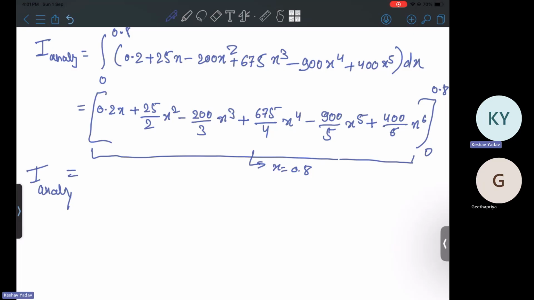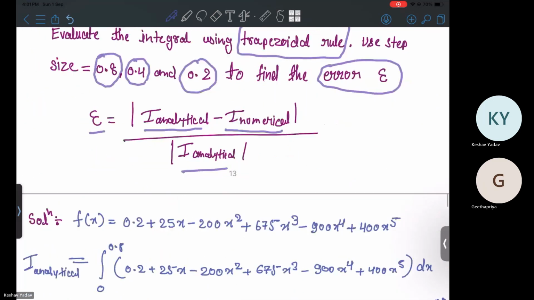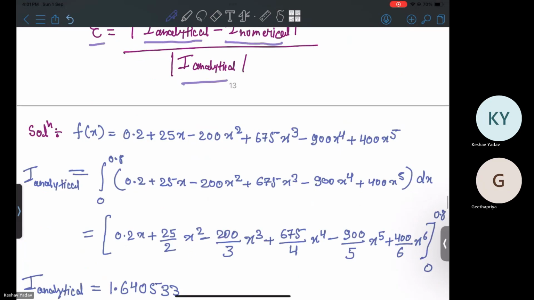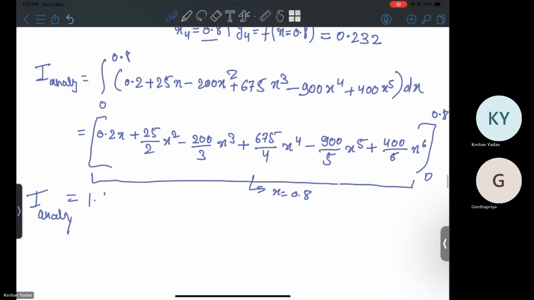Please tell me the value, whatever you have found. This will come as 1.640. Have you found the same value?